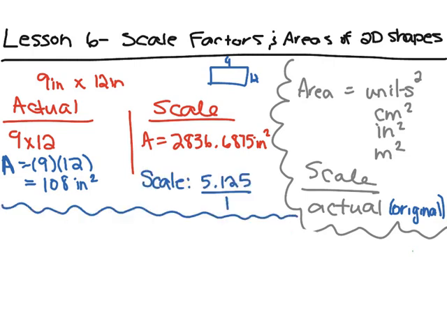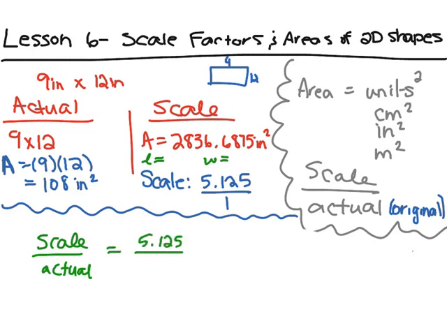For question B, we want to find the length and the width of the projected image. So we know that the scale over the actual will be 5.125 over 1. And we know that the length is 9 and the width is 12.